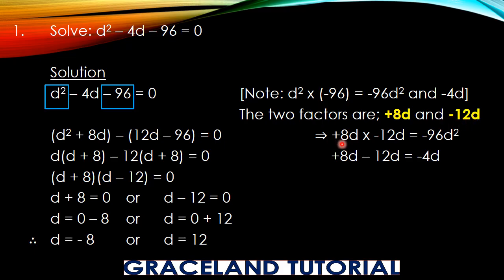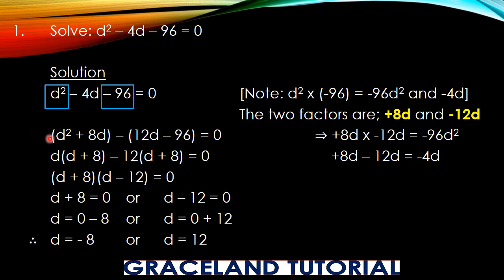Plus 8d times minus 12d will give minus 96d squared, and plus 8d minus 12d will be equal to minus 4d. Therefore, you replace minus 4d in the equation with plus 8d and then minus 12d.